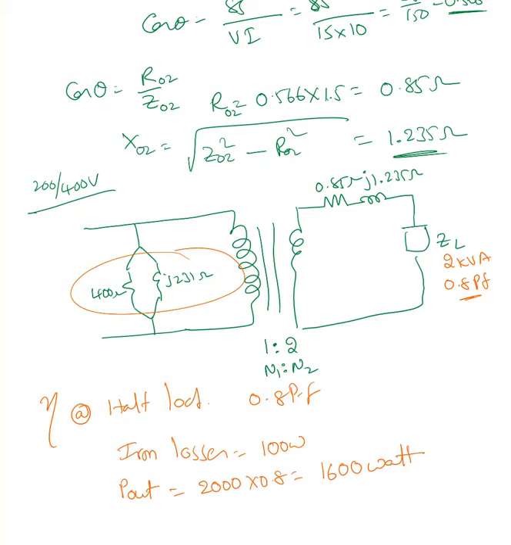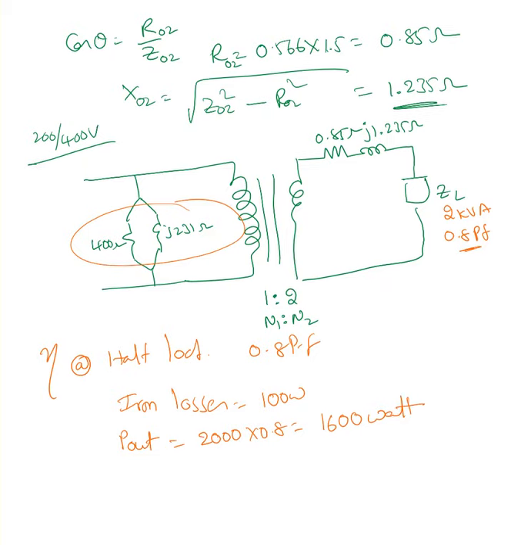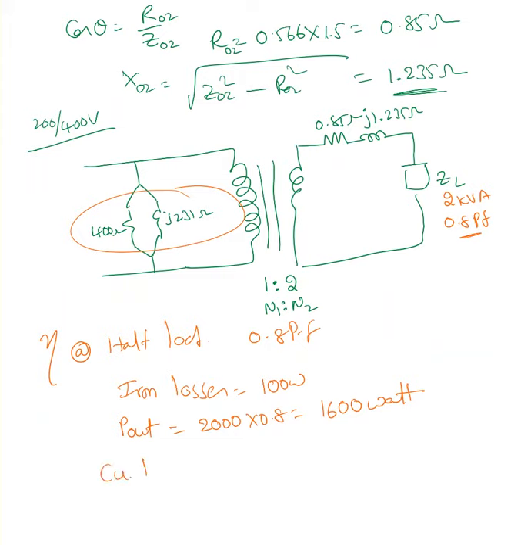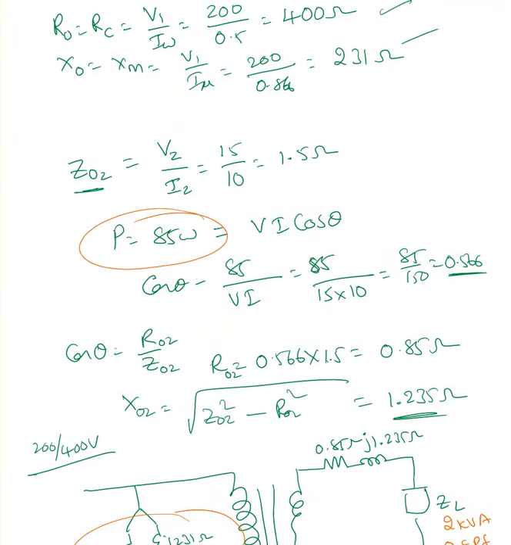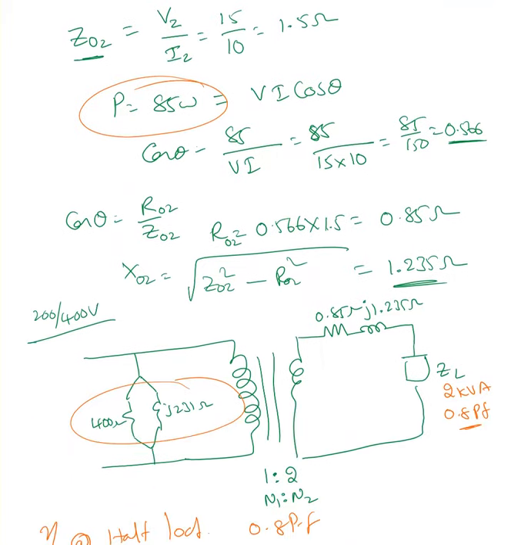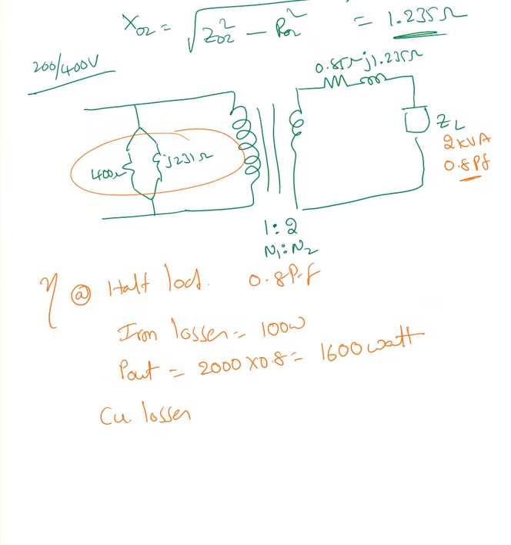Now all I need to do is find the copper losses. The measured copper losses, which are 85 watt, are at full load. These losses are nothing but I squared times R. At half load, the current passing through this must be half of the full load current.